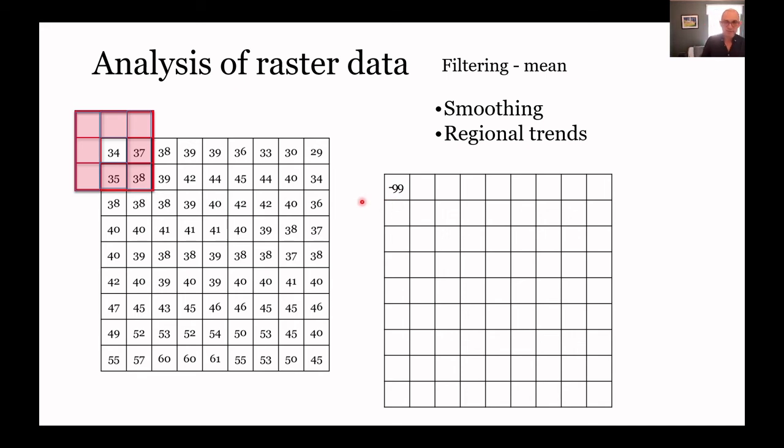So let's just leave it at that. For this example, that's good enough. So why is that a no data value there? Well, we have a problem because our window sits here, and as we can see, 5 of the 9 cells don't have any values in them.